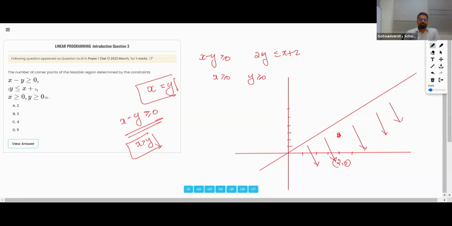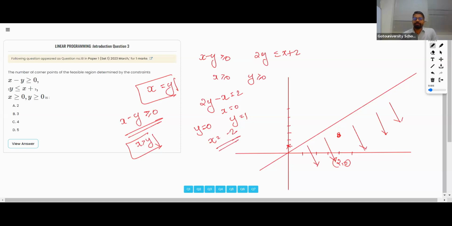Now the next equation is 2y minus x equal to 2. When x is equal to 0, y is equal to 1. So one of the points is 0, 1. Here it is. Okay, next, when y is equal to 0, x is equal to minus 2.